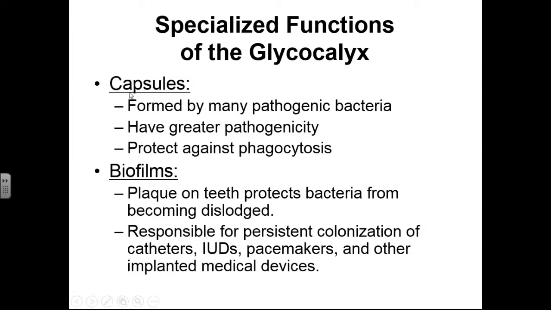So capsules protect bacterium from the external environment. So if that bacterium is producing a capsule, it's going to stick and form biofilms and, generally speaking, become pathogenic or become more pathogenic. Another plus of the biofilms for the bacteria is that it's hard to swallow or phagocytize a bacterium if it has a capsule.